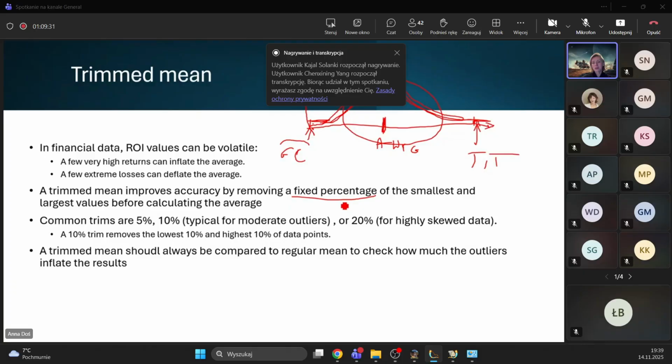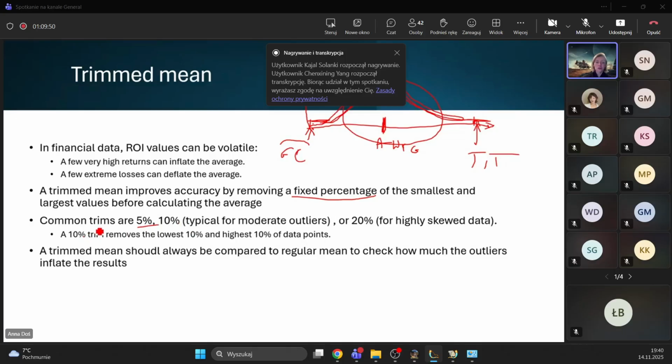We have to decide on the fixed percentage: 5%, 10%, 20%? No, too much. I would say that 5% can be done for stocks, 10% maybe for some cryptos. It depends on the asset classes, right?